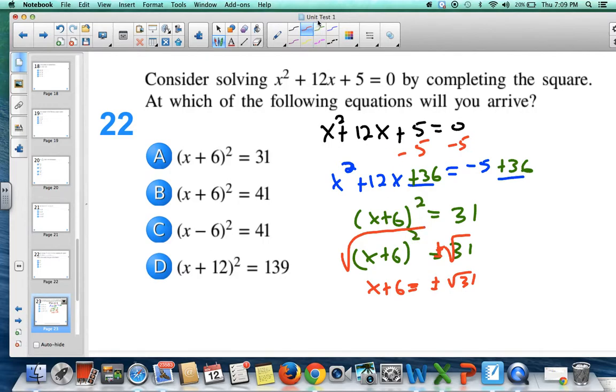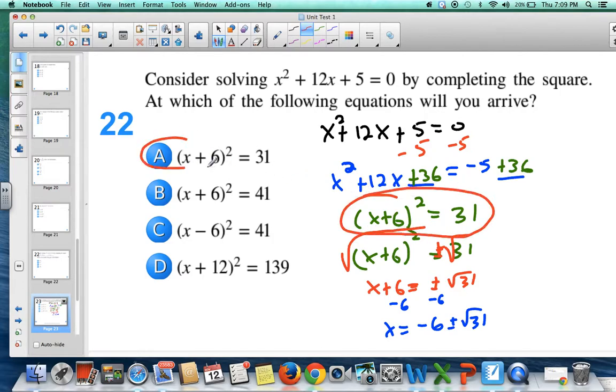And then the last step would be to subtract 6 from both sides. So x would equal negative 6 plus or minus the square root of 31. Now they're asking, at which of the following equations would you arrive? I see one of these equations right here. So that's the answer right there.